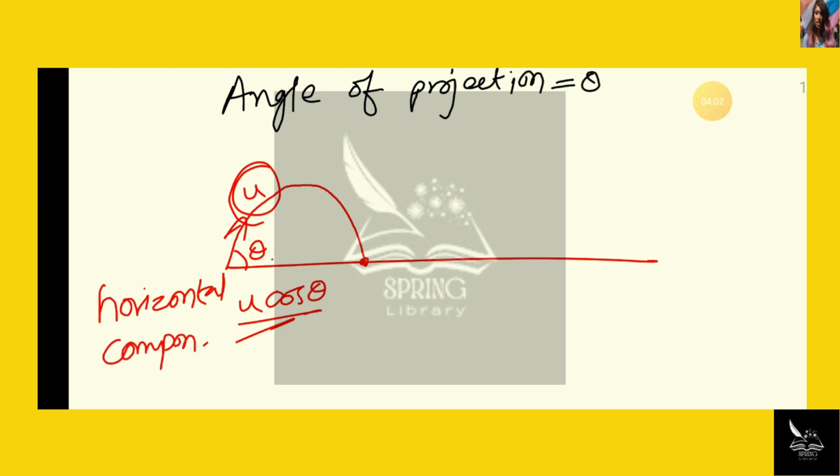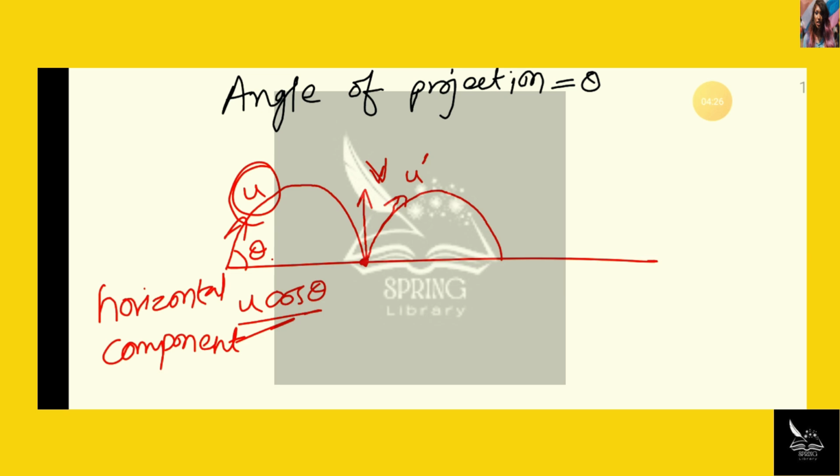So we have to find the vertical component for the second collision. After hitting the first time, assume the velocity of separation is v, and the speed when hitting the ground the second time is u dash.